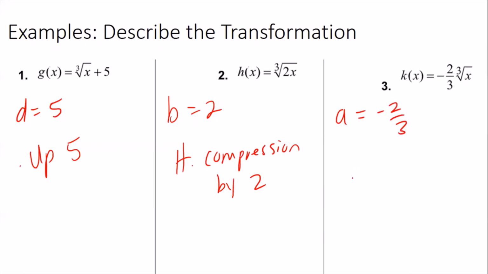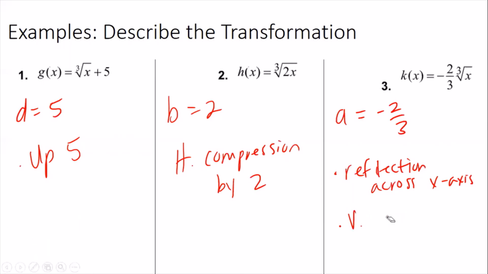What does that mean is happening? We have a reflection across what though? The x-axis. And we have a vertical stretch. I mean, a vertical compression. I didn't mean to say stretch.